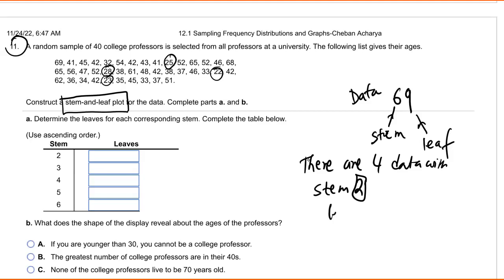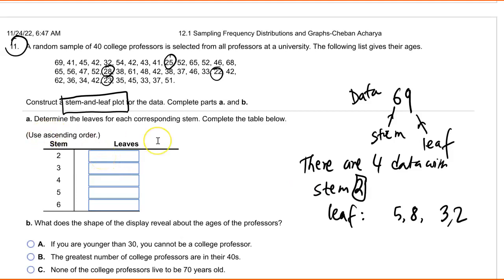And what are the leaves? The leaves for those data are going to be 5, 8, 3, 2. Okay, see, 5, 8, 3, 2. 5 is a leaf, 8 is a leaf, 2 is a leaf, 3 is a leaf. And now you type these numbers here.